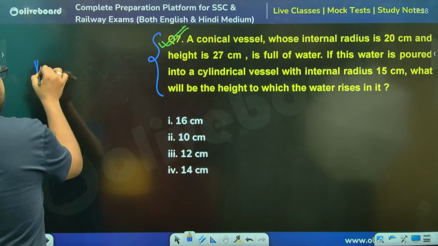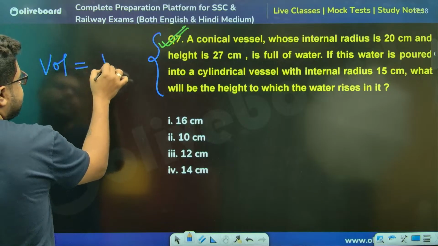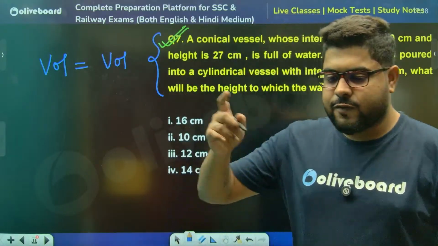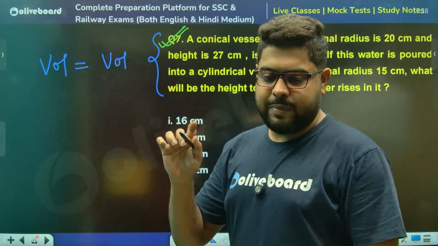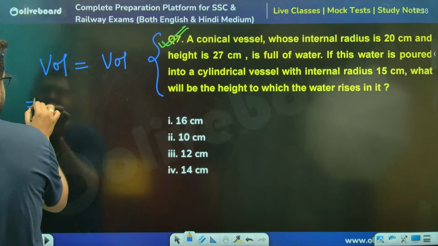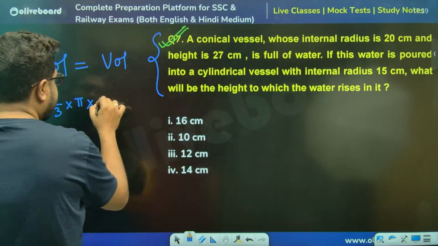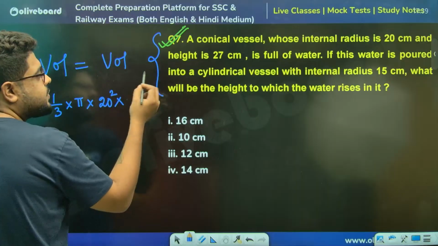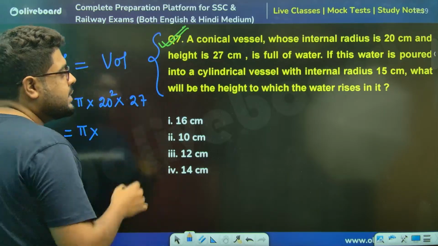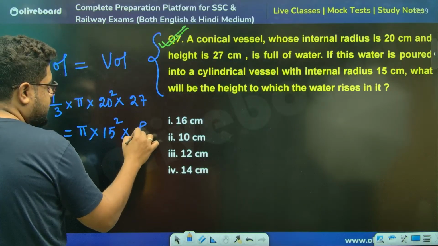So the equation will look like, sir, volume is equal to volume. And both volume formulas have pi, so I'll not put the value of pi. Pi will cancel. So first, the conical vessel, cone, 1/3 into pi into r square. R is 20 into h. H is what, sir? 27. That is equal to pi into, sir, internal radius 15 into h, I don't know this.